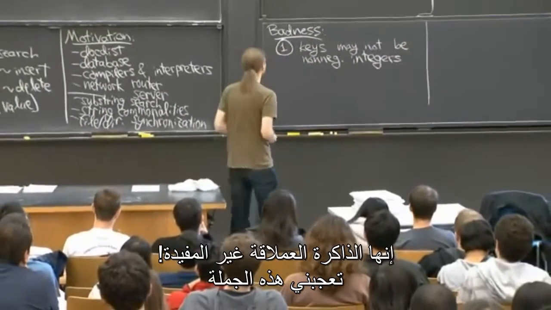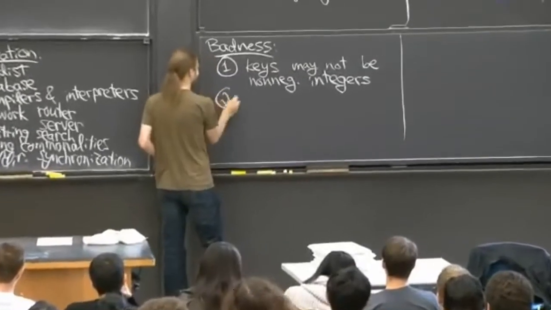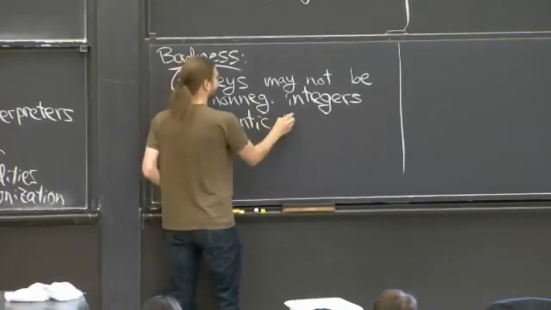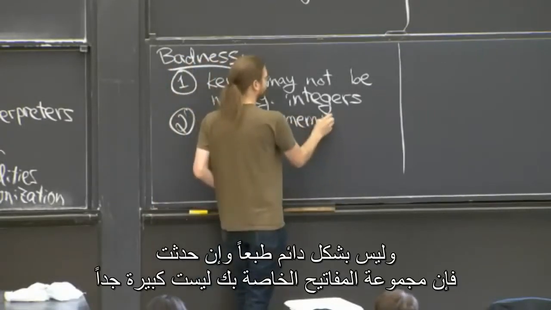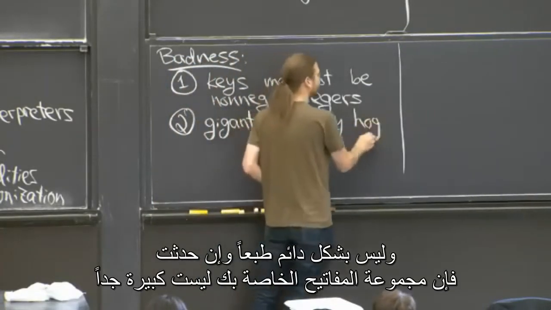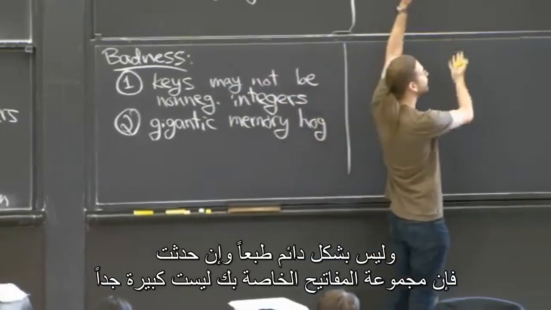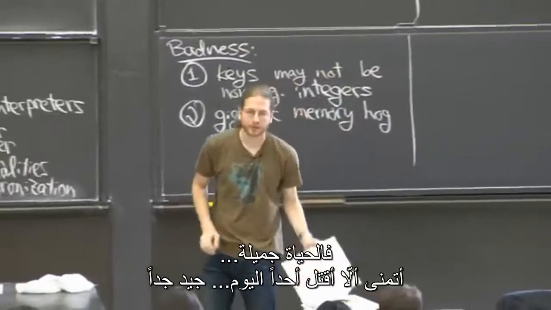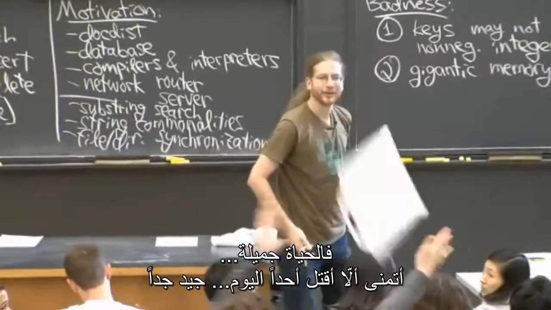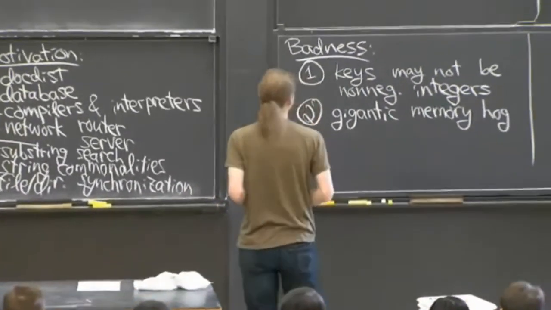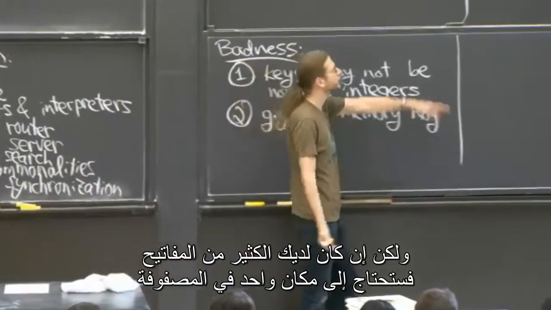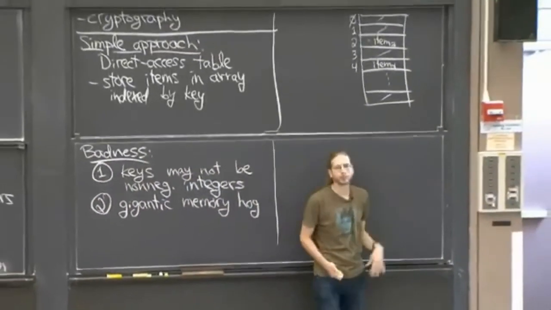It's a gigantic memory hog. Not always, of course. If the set of possible keys is not too giant, then life is good. But if you have a lot of keys, you need one slot in your array per key.